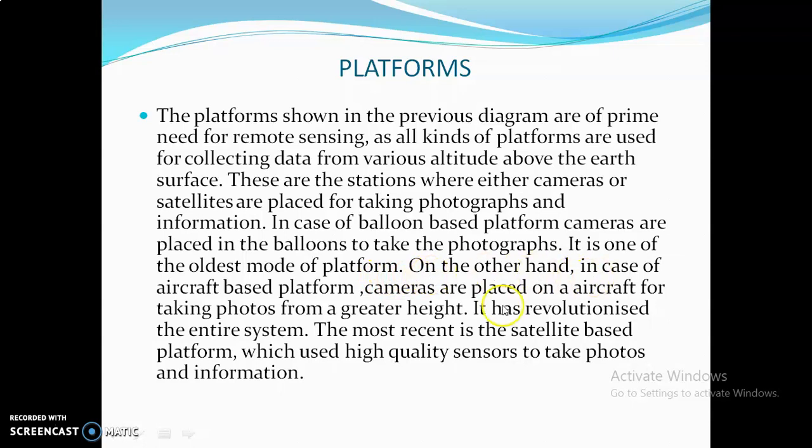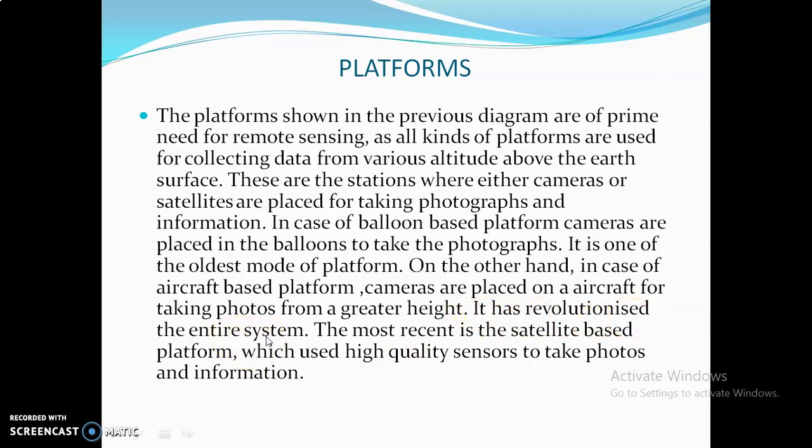On the other hand, in the case of an aircraft based platform, cameras are placed on an aircraft for taking photos from a greater height. For example, aerial photography. It has revolutionized the entire system.